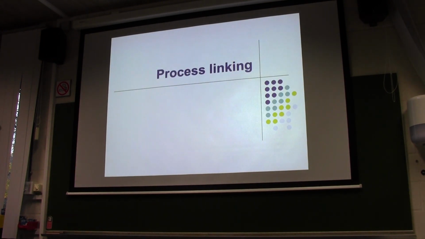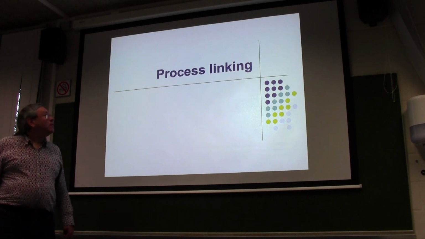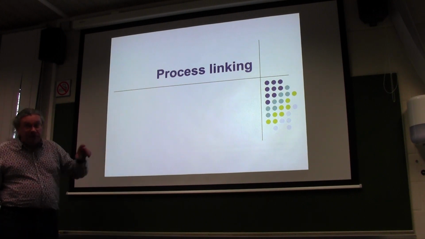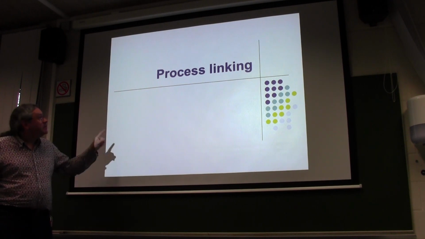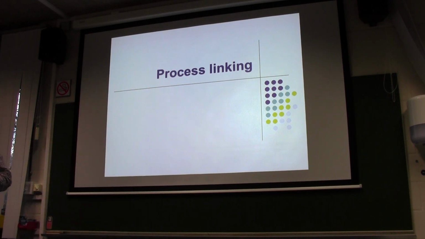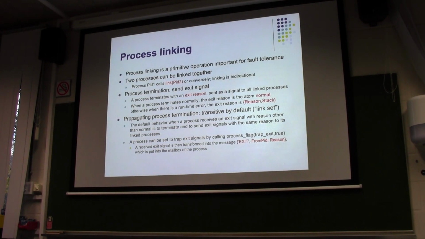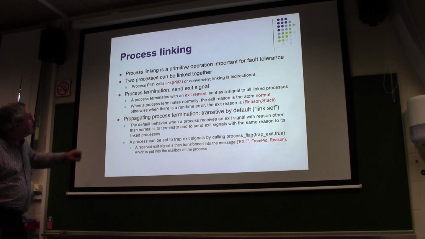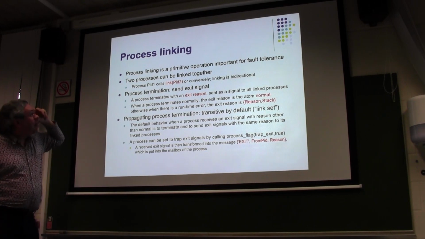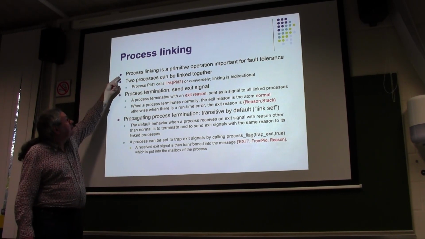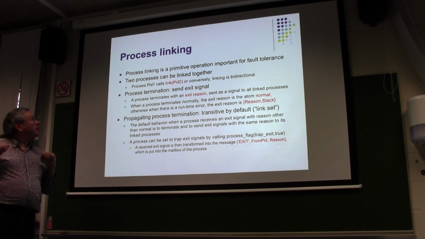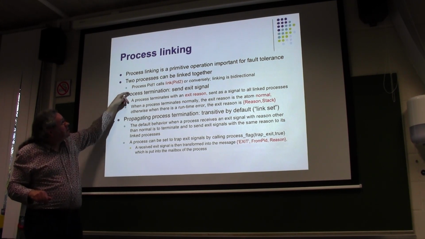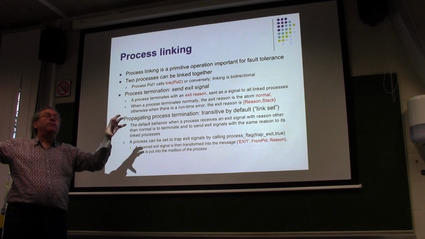Now I go to the main concept, the main primitive concept that's used to build failure handling. This is called process linking. This is the main primitive operation that Erlang uses to build fault tolerance. The idea is very simple. Two processes can be linked together.